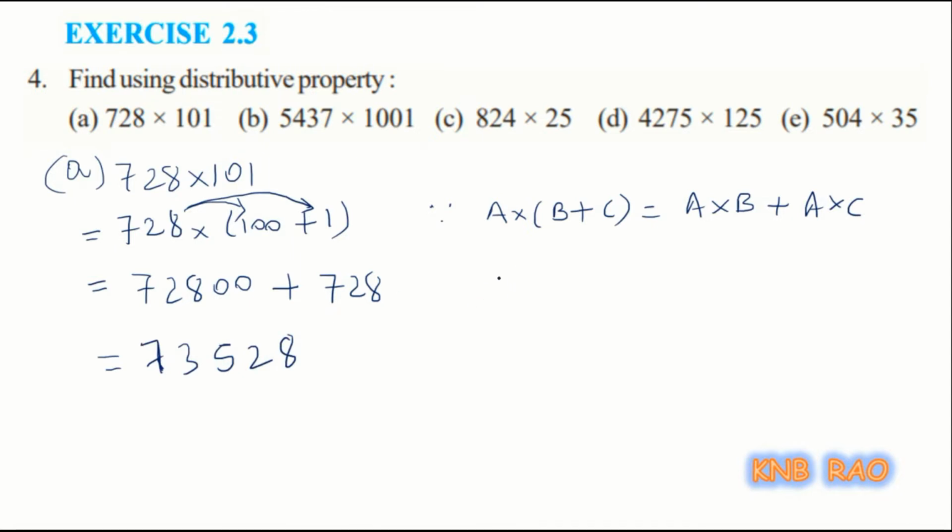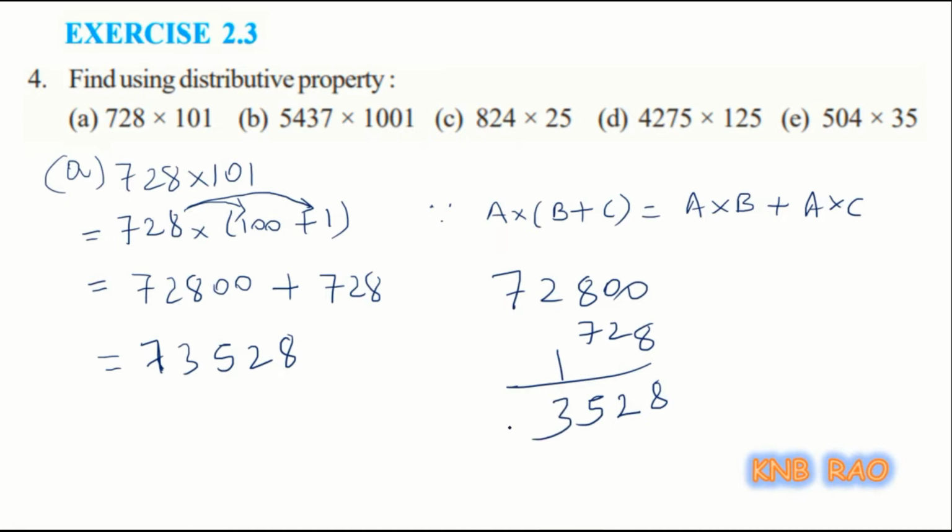So, it is an oral question anyways, you can solve 72,800 plus 728, 0 plus 8, 8, 0 plus 2, 2, 8 plus 7, 15 and 1 carry. So, carry it forward, that 2 plus 1 is 3 and 7 comes as it is. So, the answer is 73,528. So, this is how we can solve the question number A.